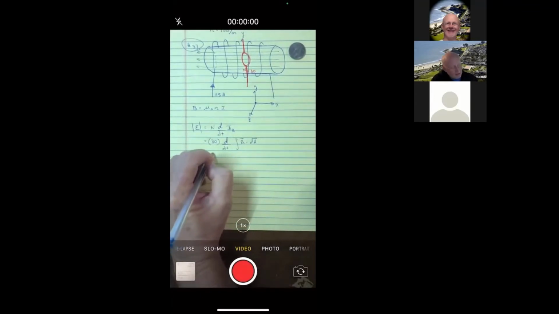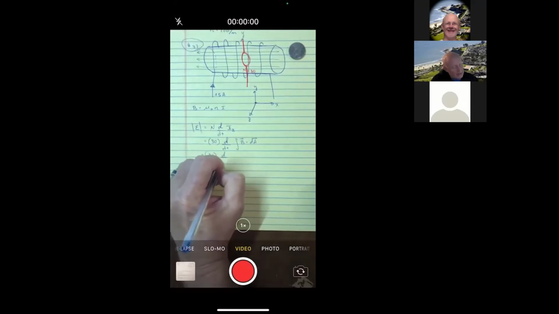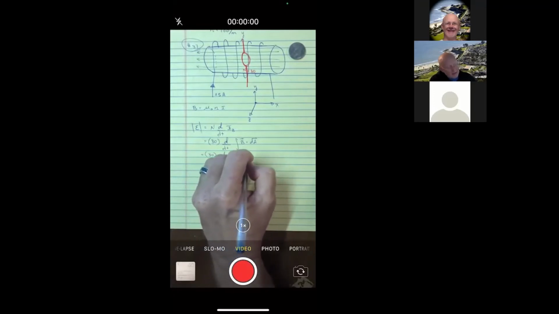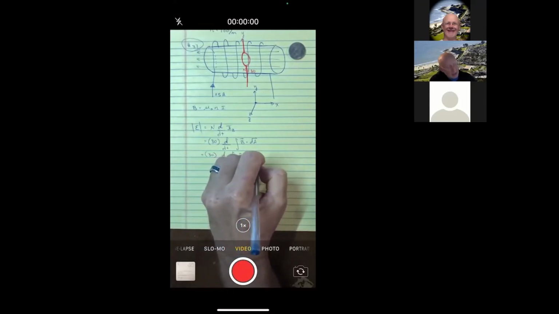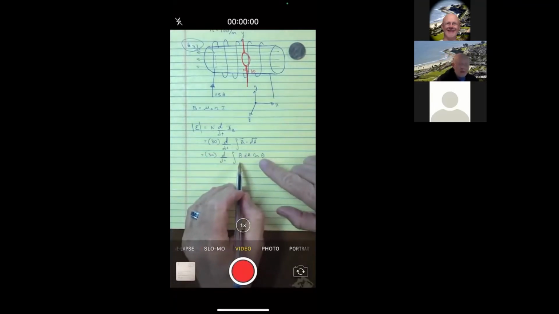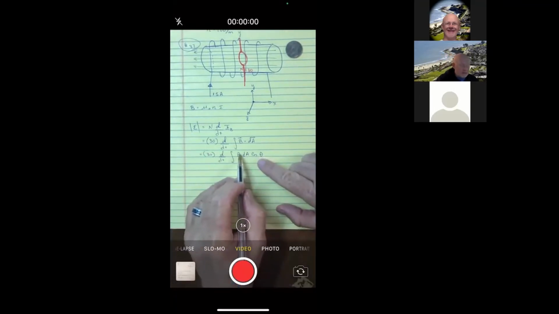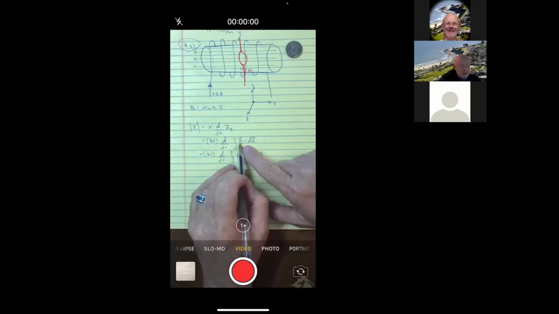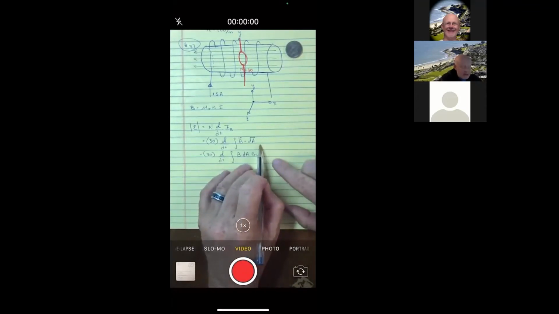And here's something that we haven't done today. When I say B dA cosine theta, in all the problems we've done today, the angle did not change, and it was always 0 degrees between the magnetic field and the area vector.